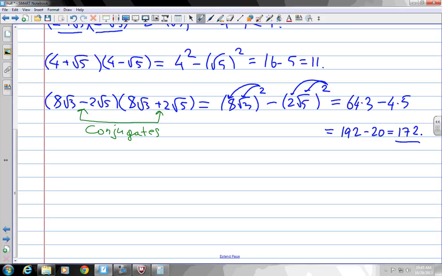And every time you multiply two conjugates, you will utilize the difference of squares formula. And when you have conjugates that involve square roots, it will always come out to be an integer. Could be a negative integer, but it will be an integer. Well, it will be a rational number at least. Okay, so the product of conjugates will result in a natural number. I'm sorry, will result in a rational number. Okay?